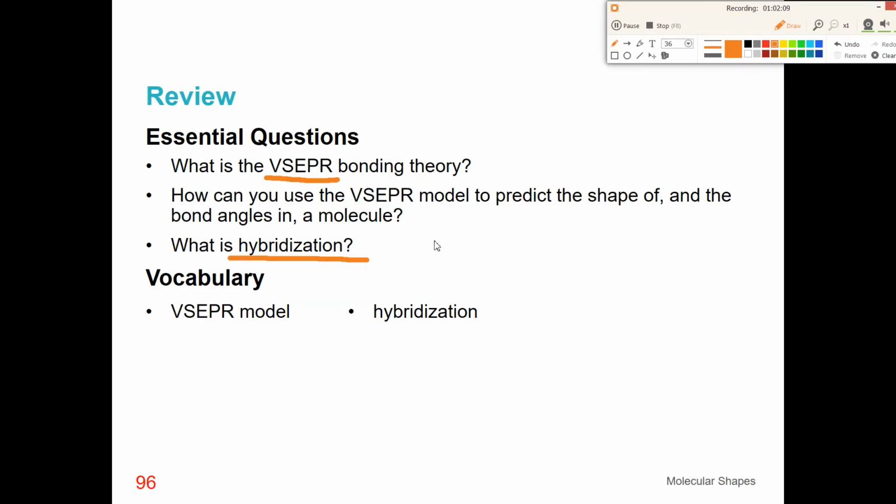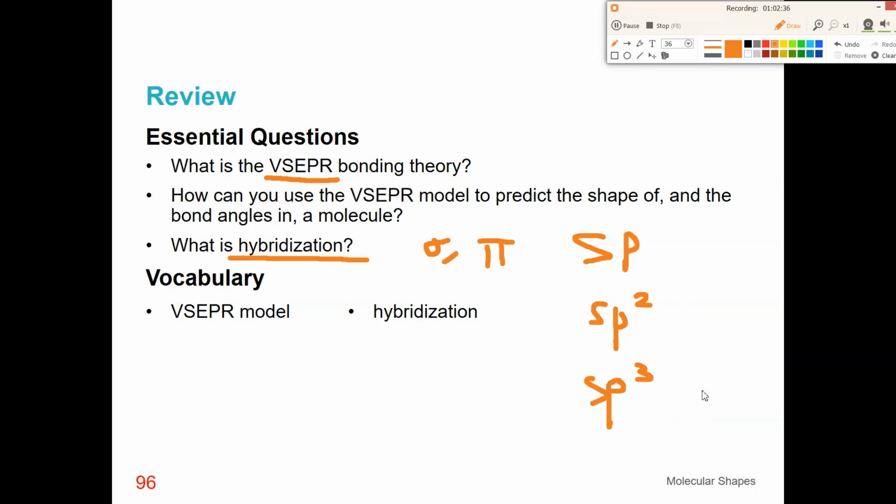Hybridization gives us the nature of sigma bonds, pi bonds. We could have sp, sp2, sp3, right?